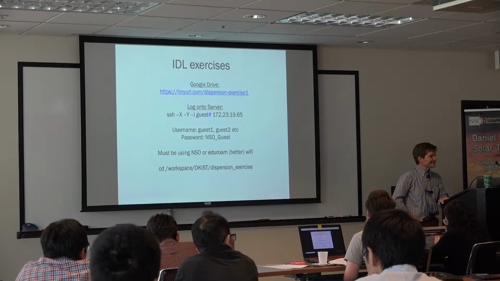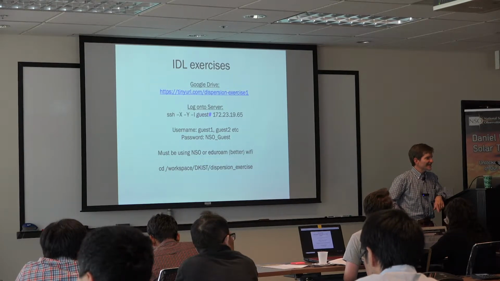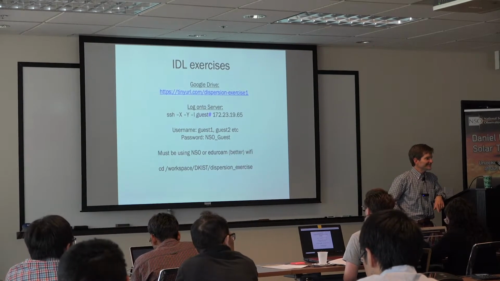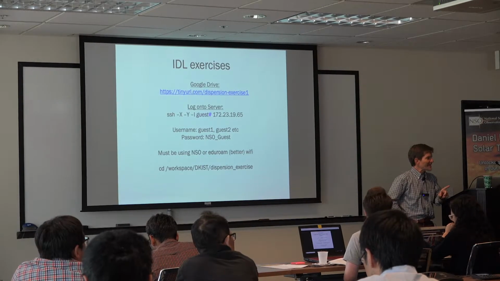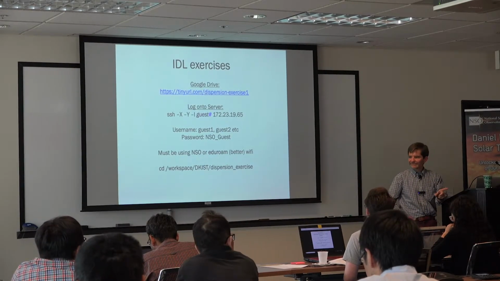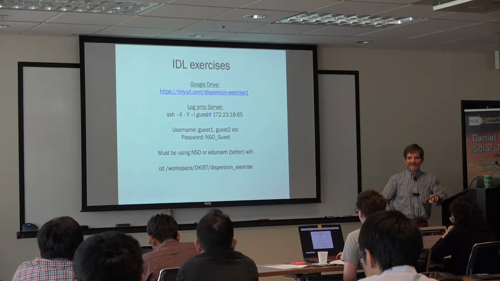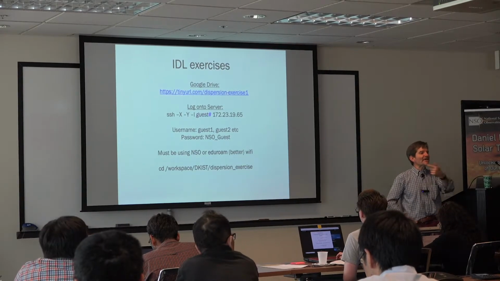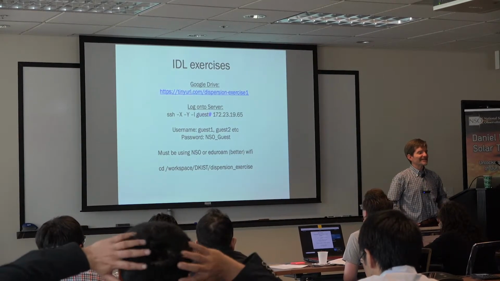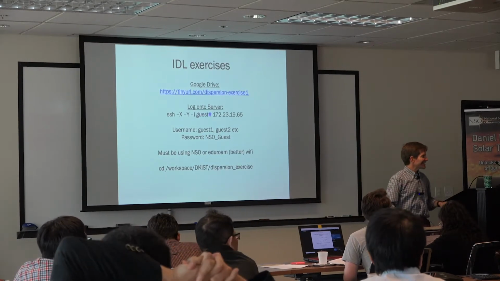So I have more of a comment than a question. I was trying to SSH. It doesn't work when I'm on HRO, but it works when I'm on the NSO Wi-Fi. So that might be similar for other people. Has anyone else tried logging in? Which wireless are you on? Weird.